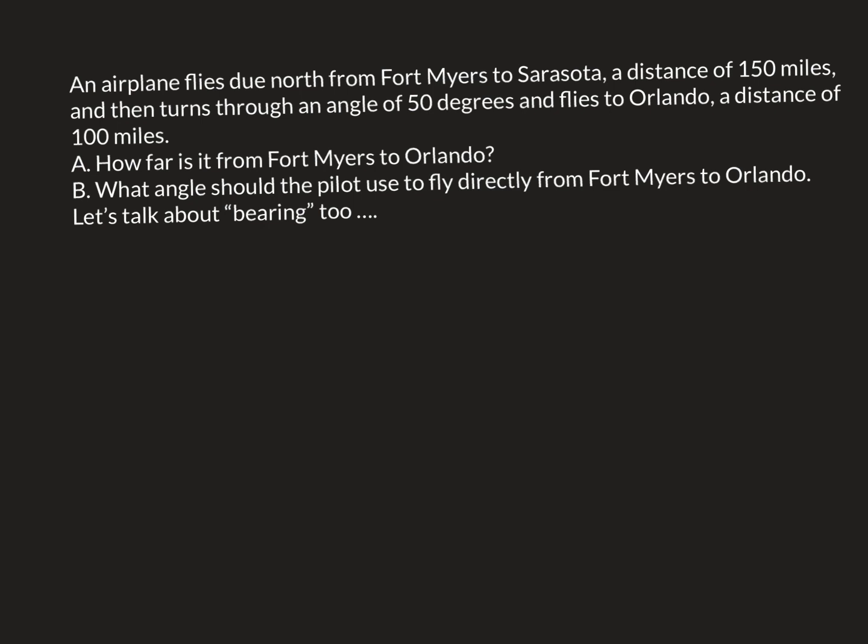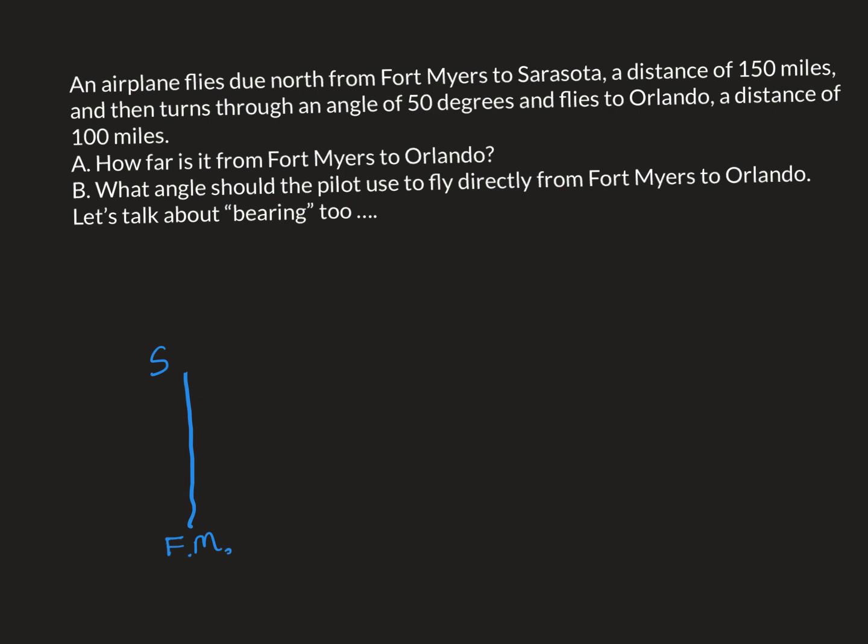Okay, it looks like you're back now, so let's look at this picture. Here's what I would do. I would go north, straight north, like that. Oh, let's make it a little shorter than that. Sorry about that. There we go. I'd go straight north, and this is from Fort Myers to Sarasota.